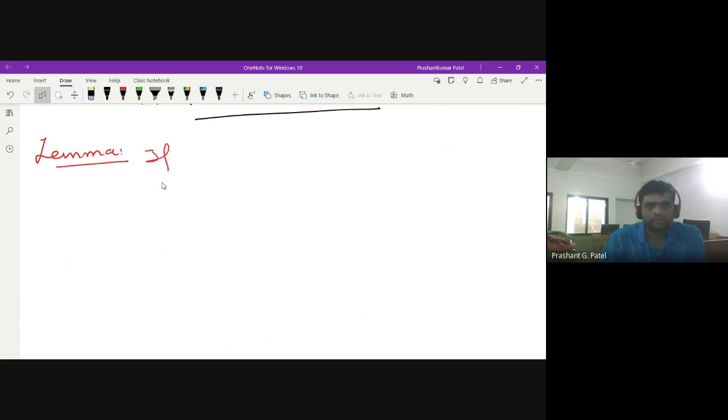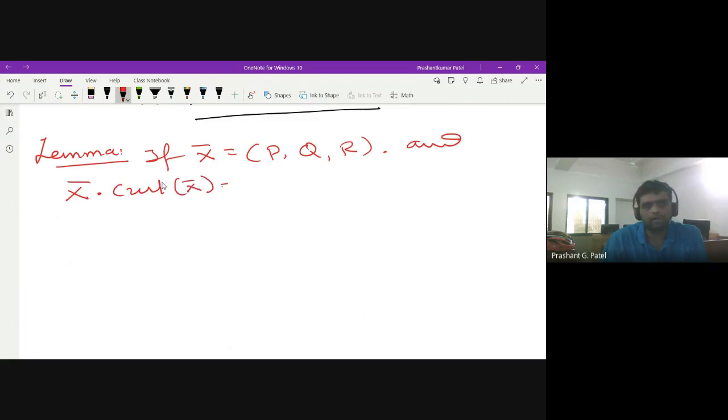Now, if x bar is equal to PQR, where P, Q and R are functions of x, y, z, and if this x bar dot curl of x bar, now, what do you mean by curl? You should know that, is 0.